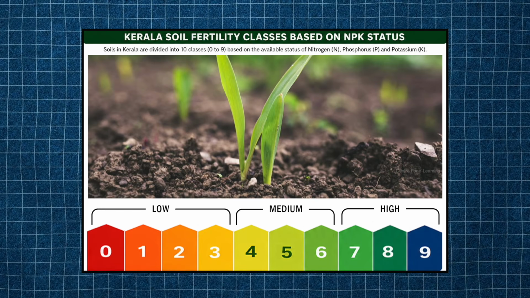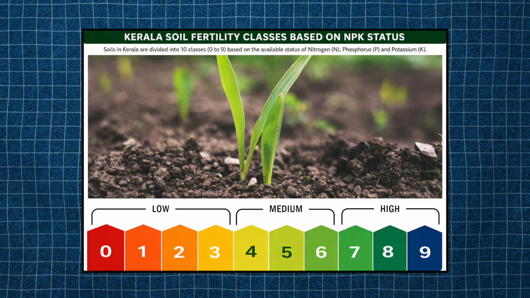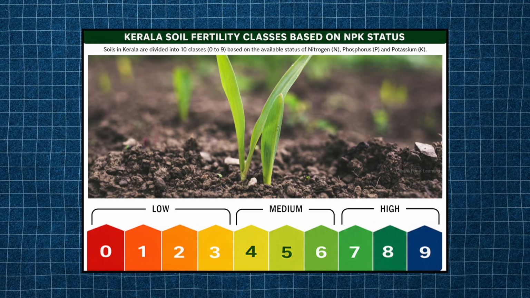Now, coming to the fertility classification, this is related to soil testing. That is, instead of giving a blanket recommendation as per package of practice, it is always more precise if you give it based on soil testing. In Kerala, based on the NPK status, soils have been divided into 10 classes starting from 0 to 9.